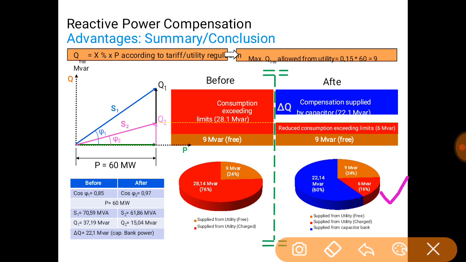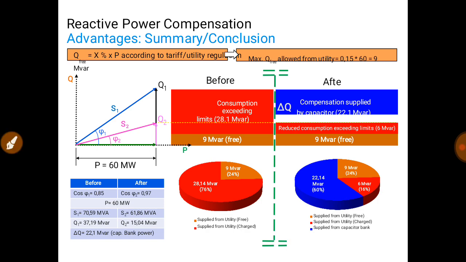We compensate 22.14 by capacitors and other compensating components. Here we decrease our tariff and our cost of electricity.